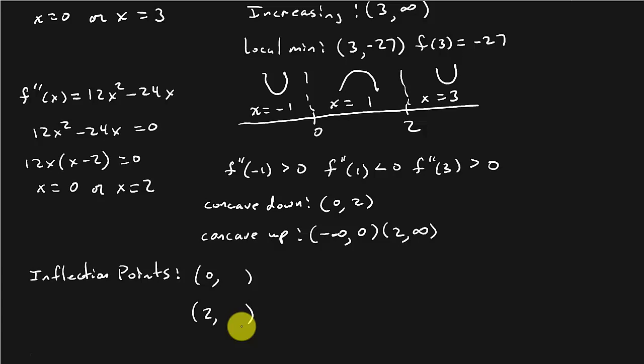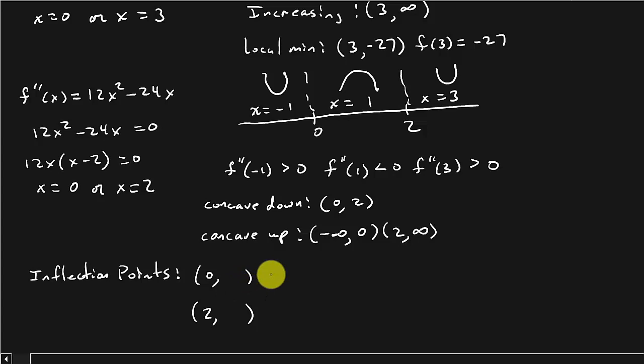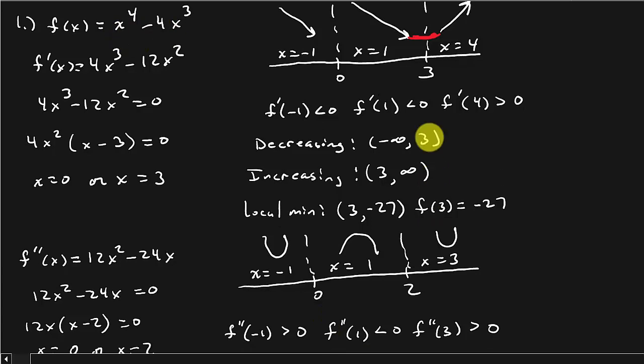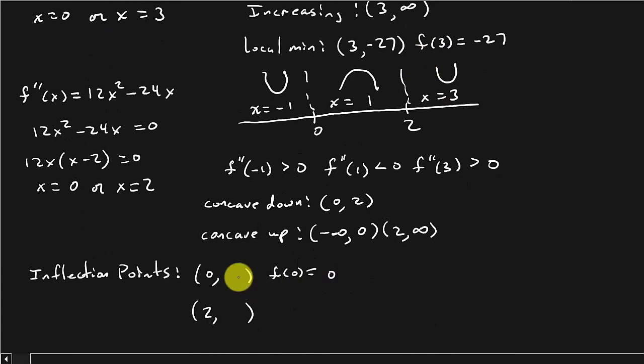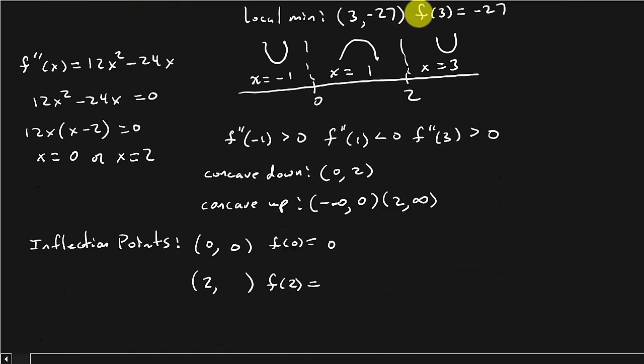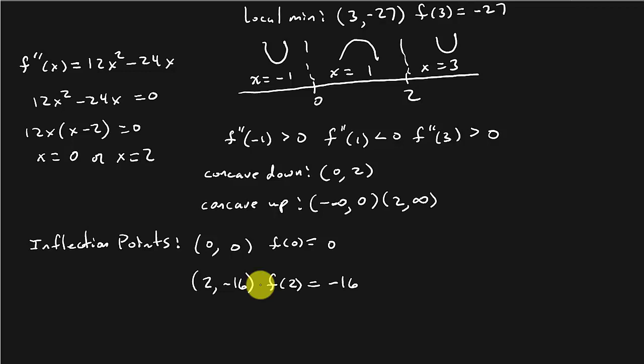So for my inflection point at 0, I've got to do f of 0. So you can see if we plug 0 back into the original, we get 0. And then f of 2, well, I plug 2 back into the original here, and that is going to give me negative 16.